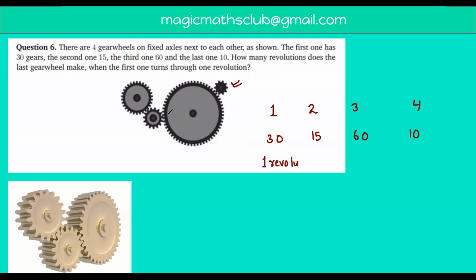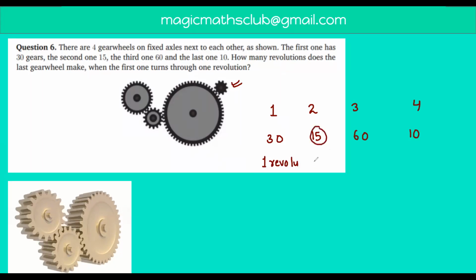If it has 30, then it is 1 revolution. So when it has 15, it will do how many? It will do 2 revolutions. Similarly, this one will do how much? Half a revolution. You understand? The more gears there are, the less it can revolve.